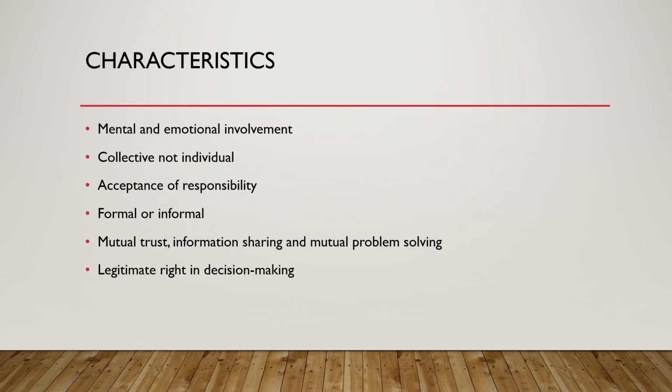Characteristics of workers' participation in management. First one, mental and emotional involvement. It's one of the important features wherein the employee's involvement in the decision-making process makes the organizational goals very easily achievable.